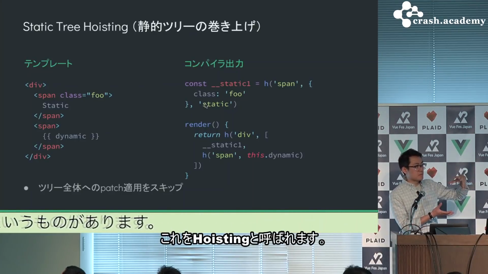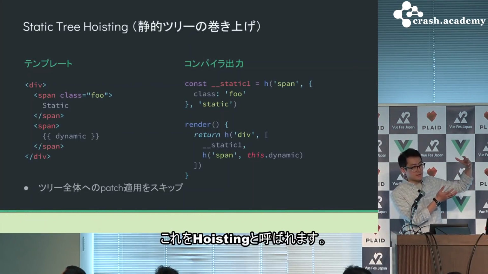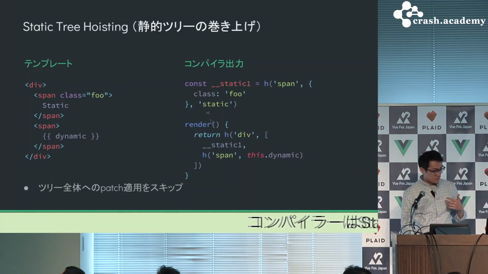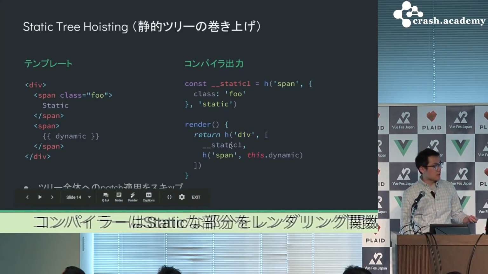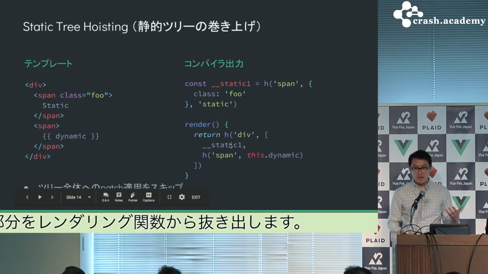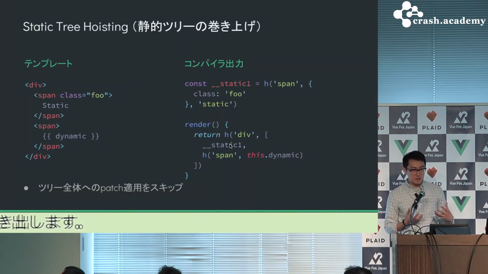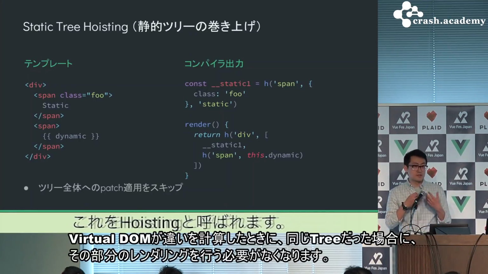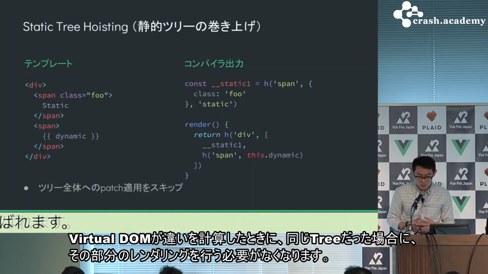We are lifting the static parts outside and reusing them on every render. So we are just reusing the same static tree every time the component updates. And because it's the exact same tree, when the virtual DOM diff sees that it's the same tree, it will just skip the whole tree. So we're again skipping unnecessary work.